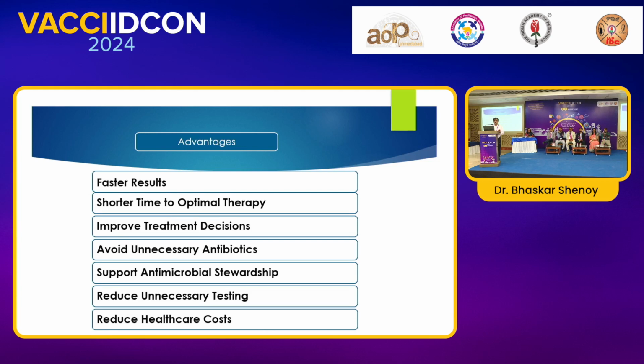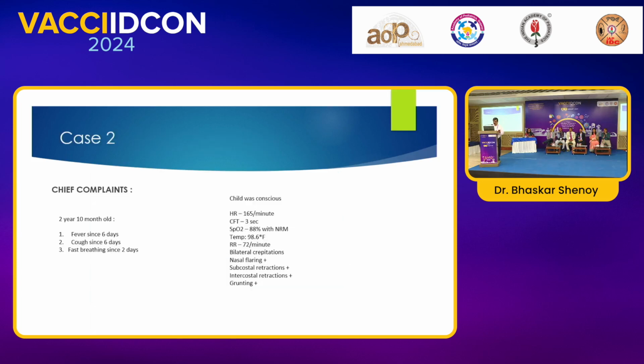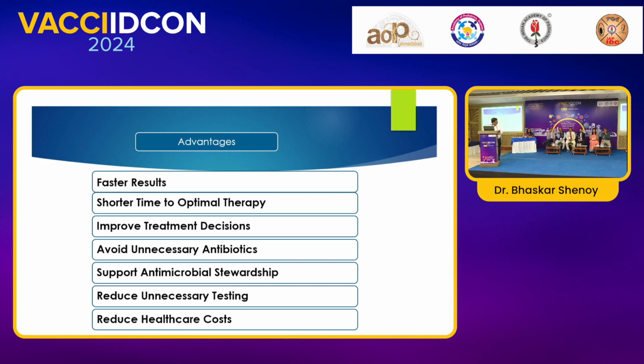We can stop unnecessary use of the antibiotics, as well as we can take the decisions to continue or to escalate the antibiotics, because as we know in severe septicemia and bacteremia, every hour delay will cause an increase in the mortality by 7.6 to 10%, and it really helps support antimicrobial stewardship and reduces unnecessary testing. And finally, we may think that PCR is very costly, but in spite of doing all the battery of investigations, finally, doing the PCR in wanted cases, we really prove cost effective.